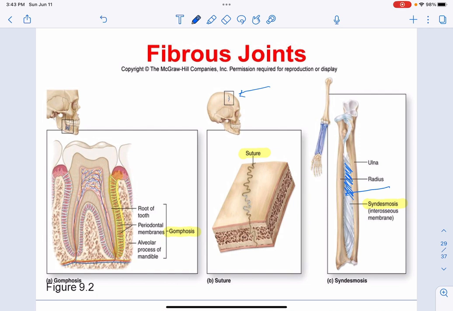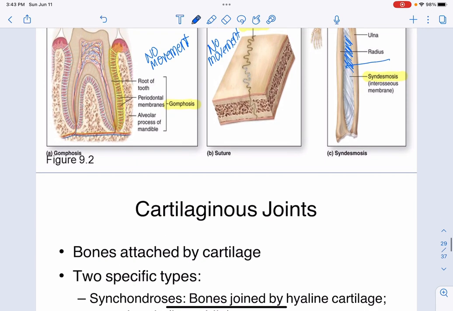We haven't talked about movements, but once we do, that will make more sense. You can move these two bones, so you have some movement here. You have no movement here, and no movement here. So these are 3 examples of fibrous joints.